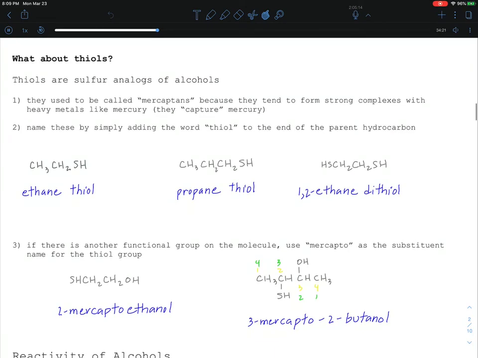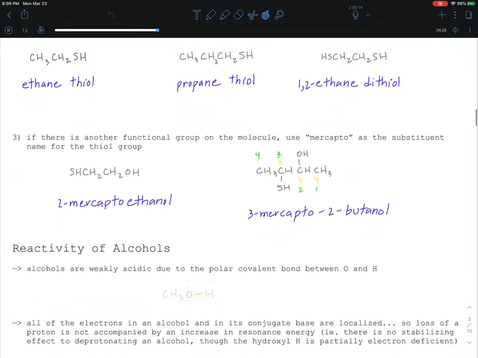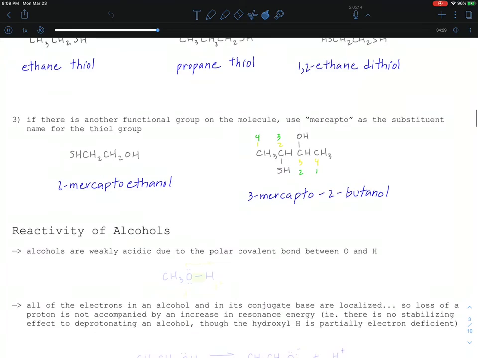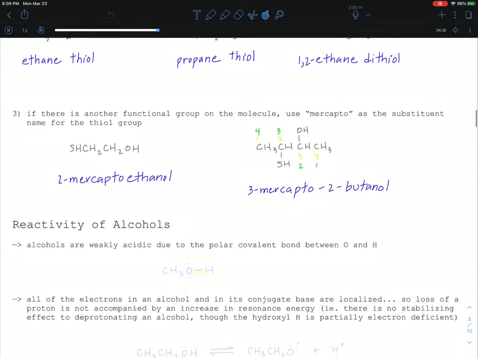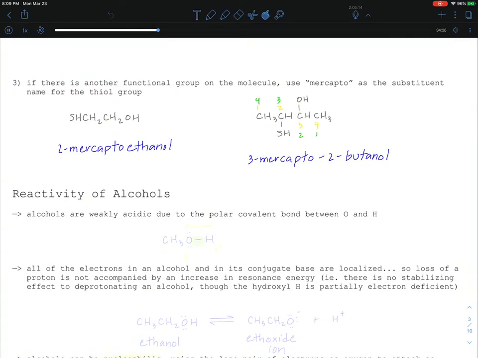All right, so now we're going to talk about the reactivity of alcohols. And it's important to start out, I guess, back a little bit in general chemistry, talking about the polar covalent bond. So you guys remember, let me draw just a simple alcohol here. So we'll just draw methanol.